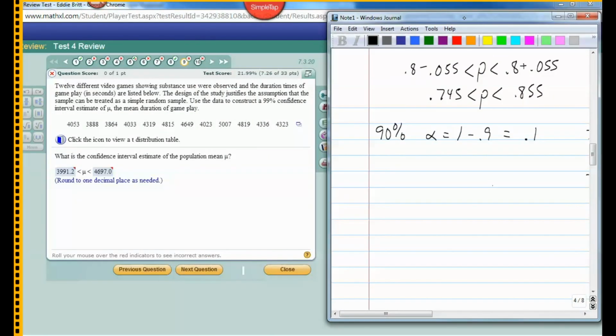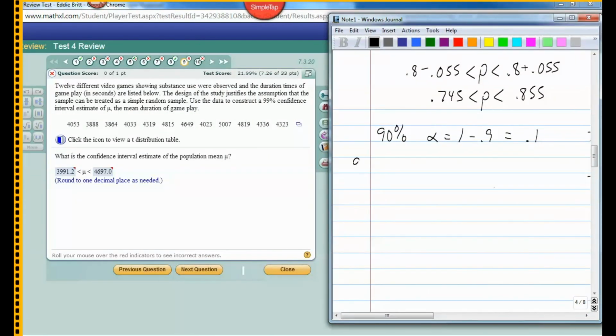So let's see. I know that I have a 99% confidence interval. So remember, what does that mean? A 99% confidence interval tells me that alpha is equal to 1 minus 0.99, or 0.01. So the area in 2 tails is 0.01.